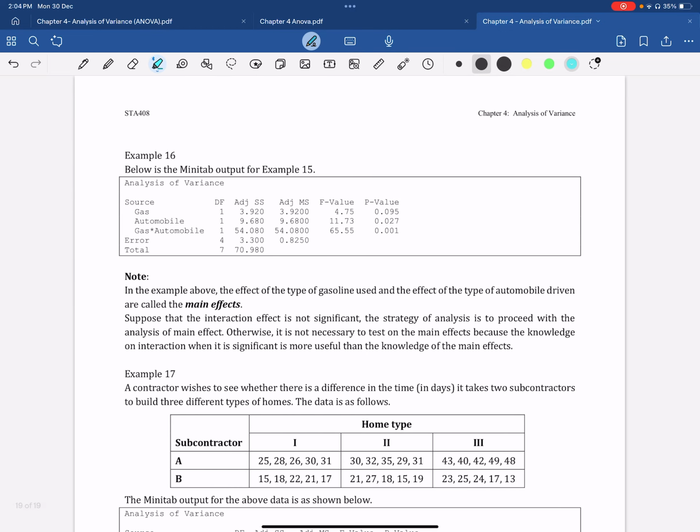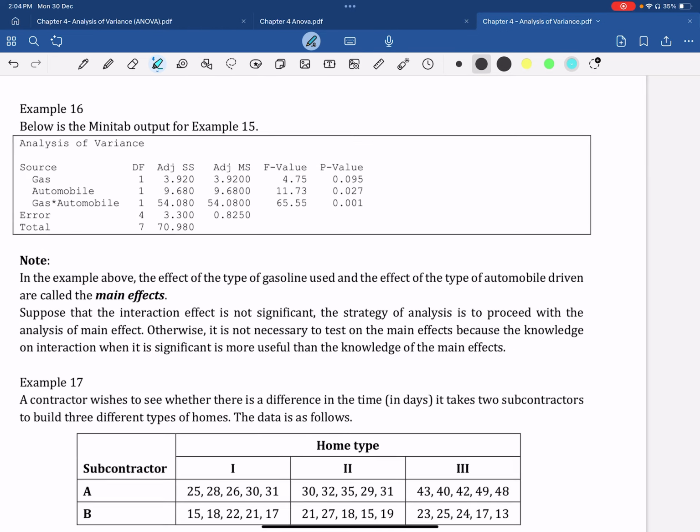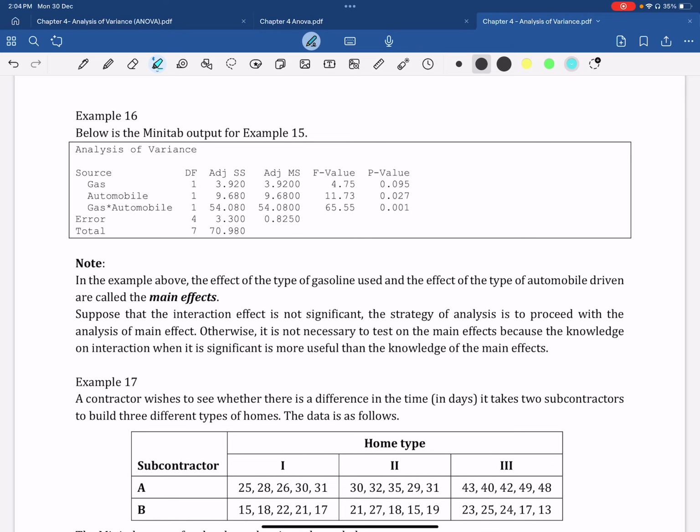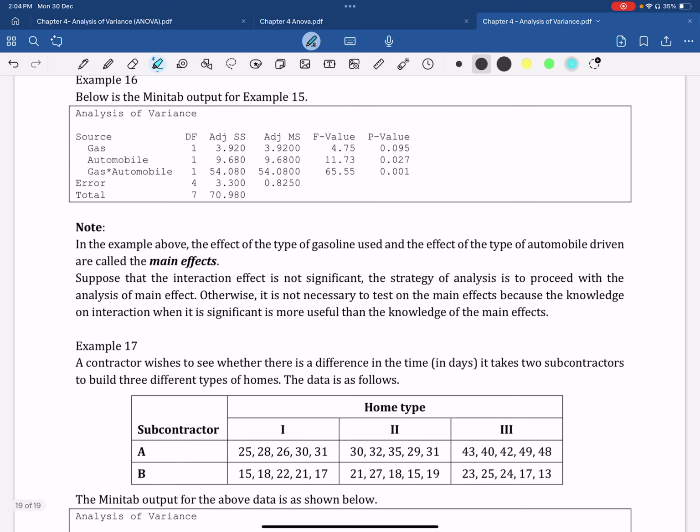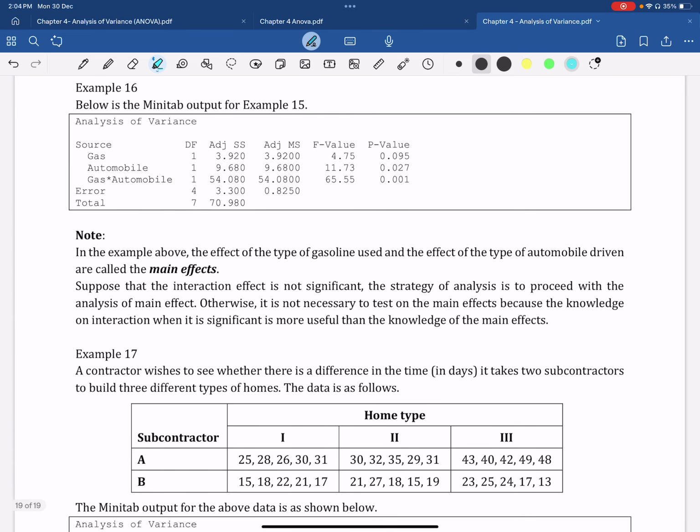Okay. And as we can see here, this is the Minitab output for example 16. As we can see here, the p-value is less than alpha 0.05. So it is the same as when we did our critical value approach.